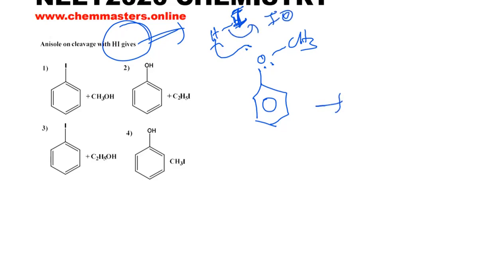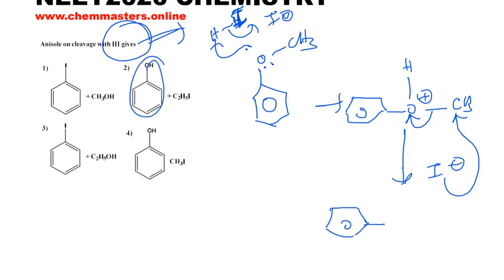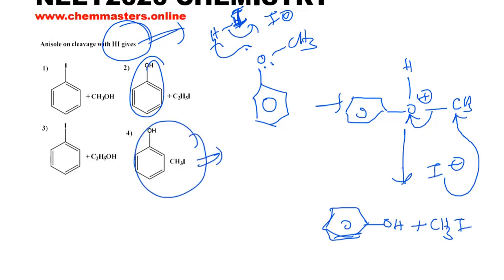Now it produces the protonated OCH3 here. Now what happens? So simply I minus attacks the methyl group and then produces phenol and methyl iodide, CH3I. I am just drawing roughly, so draw carefully. Now just check the options. The fourth option is the correct answer.